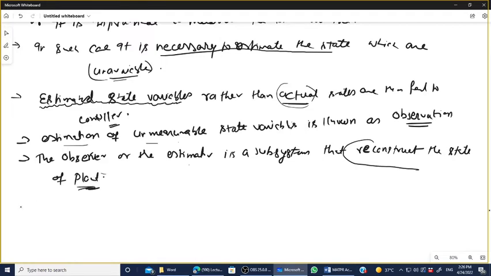Now we are going to define the full order state observer.